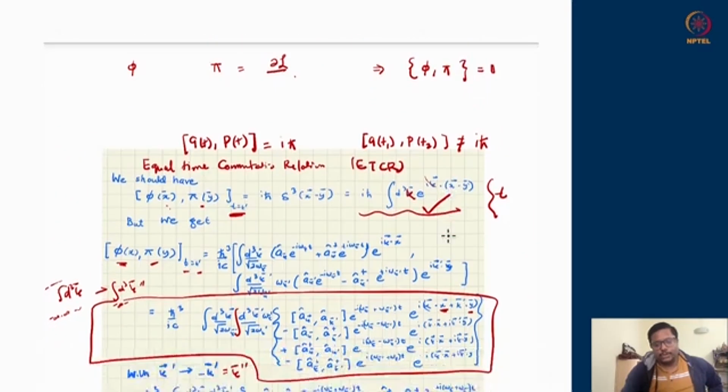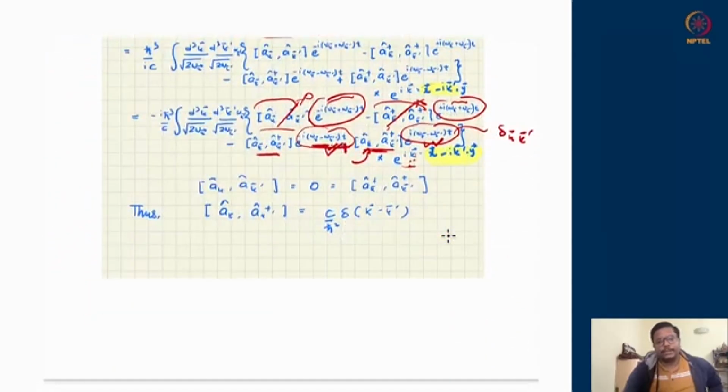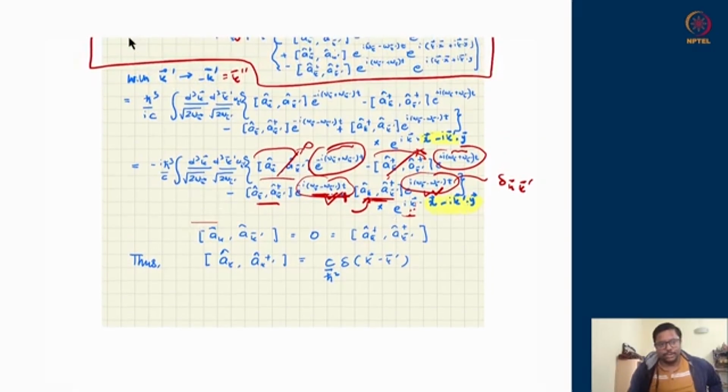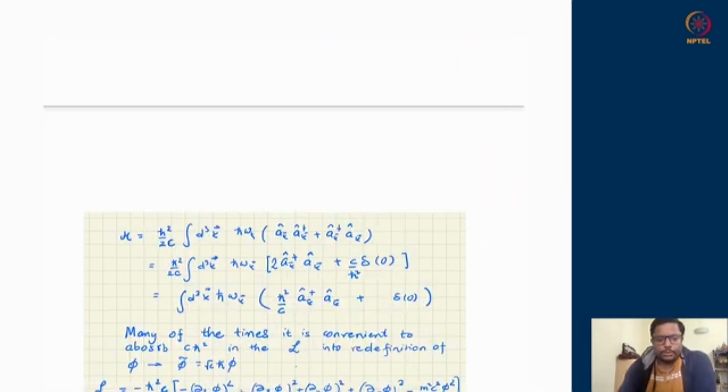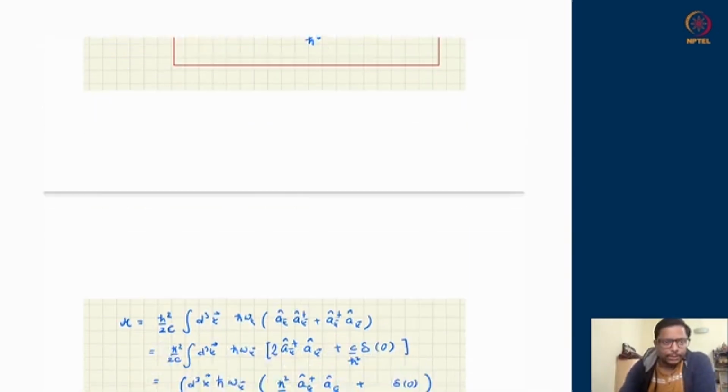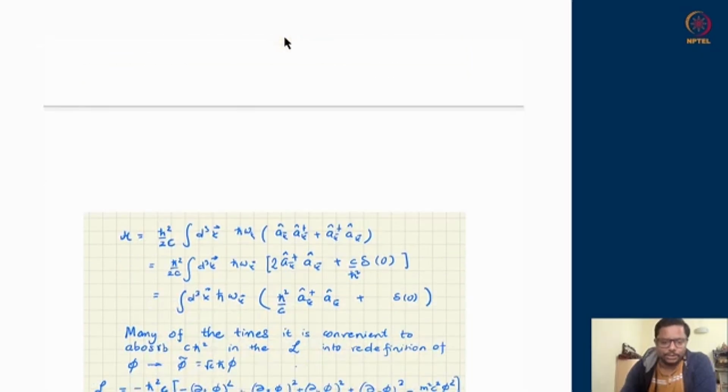So in order to obtain the proper commutator, the commutation relation set which I have got should be this boxed equation. This equation over here I should get. Now once these commutator relations are with us, we can go back to the Hamiltonian and try to find out how the Hamiltonian changes.